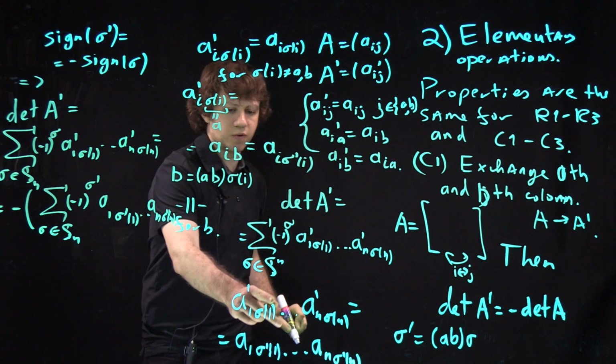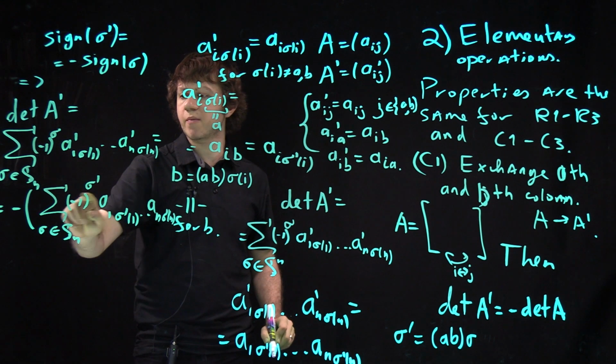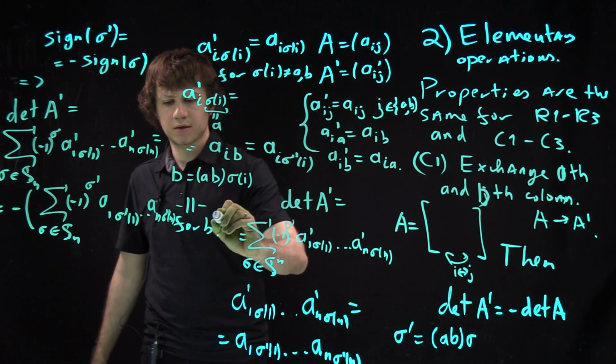That's because we proved this and because the sign changes. So if we write here sigma prime, we need to add minus 1 sign here.